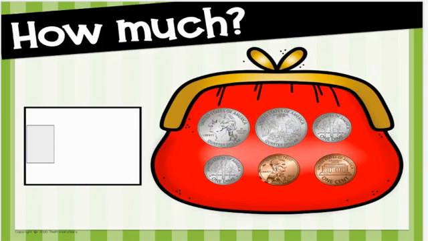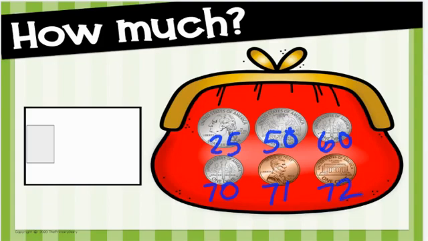And I'm just going to use my pen this time to show the counting up. So we start with a quarter, which is 25. Another quarter will take us to, remember, 50. A dime is 10, so we go up 10, that's 60. Another 10 is 70. And then we have our pennies, which are 1, 71 and 72. So we didn't have any nickels in that one.